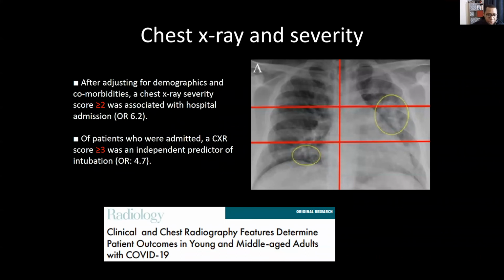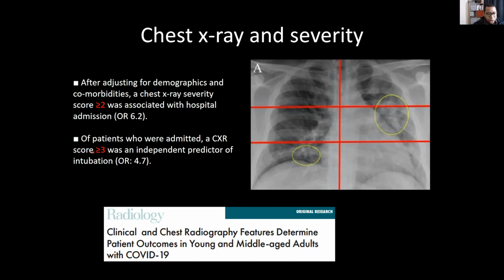So some people showed that you could have what you call a chest X-ray severity score. This is actually done by some of my colleagues as well in New York. They basically segmented the chest into these different segments and calculated how many of these segments were involved by opacities.